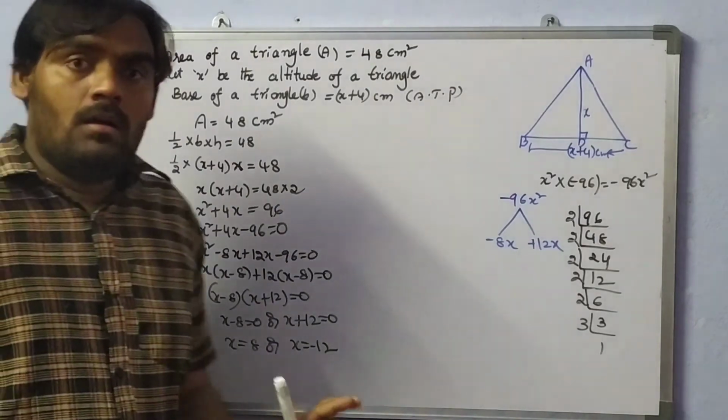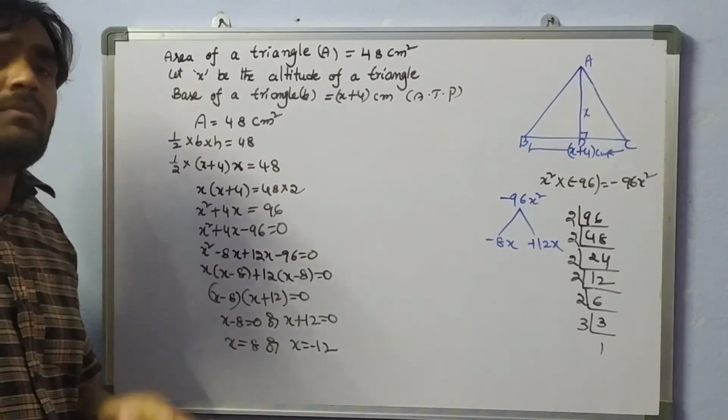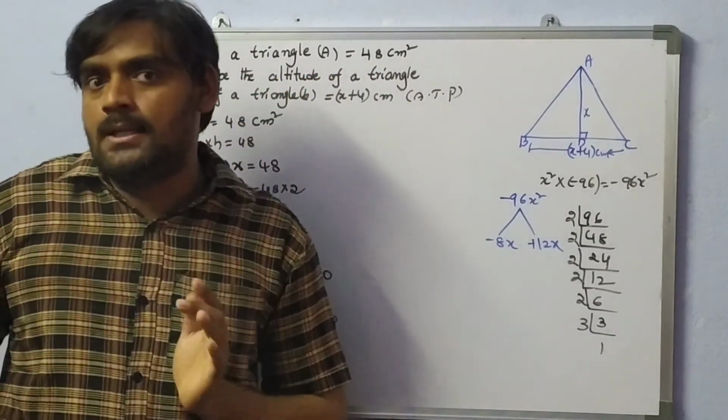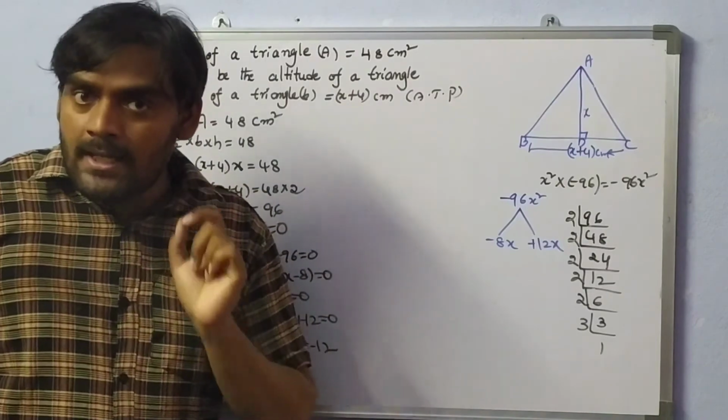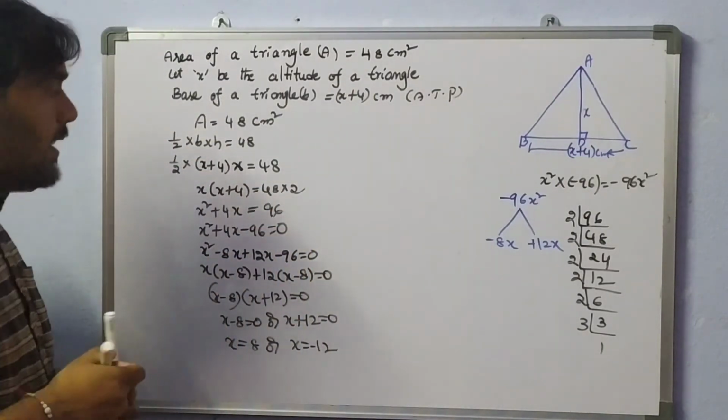See, in this, we got x is equal to minus 12 and x is equal to 8. X is nothing but what? We assumed the altitude of a triangle. So the altitude of a triangle won't be a negative number. So we need to take the positive number, x is equal to 8.